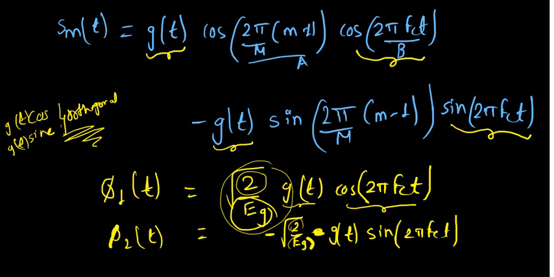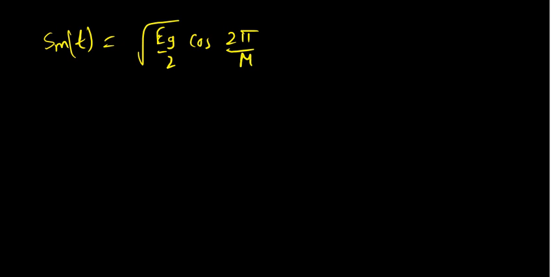Now we can write Sm of t in terms of phi 1 and phi 2, the same thing that we did for ASK, so I am doing nothing new. Sm of t can be written as under root Eg by 2 cosine 2 pi by M into m minus 1, times phi 1 of t.